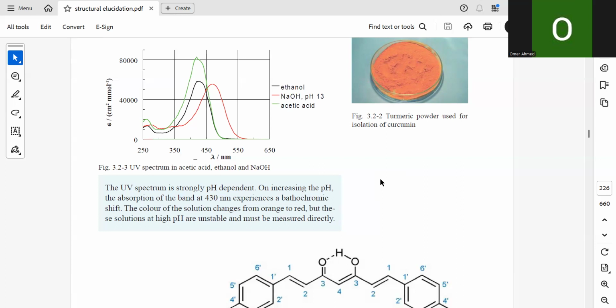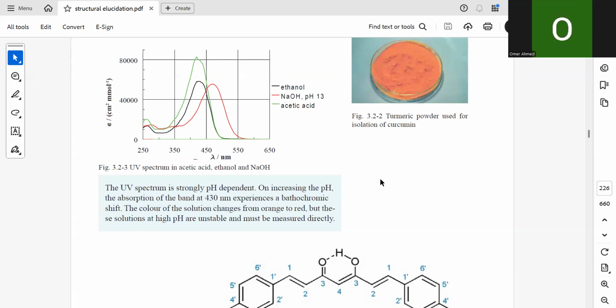But the absorption band is at 430 nanometers. This is an indication that this compound has a conjugated system.